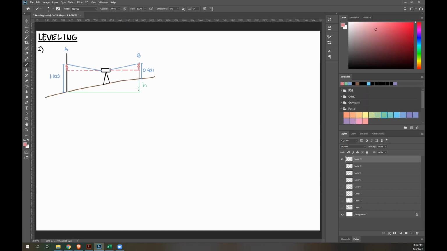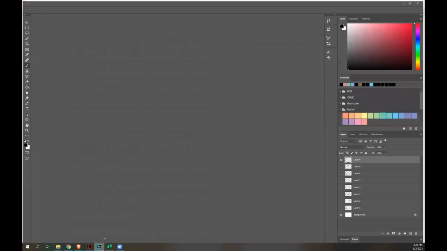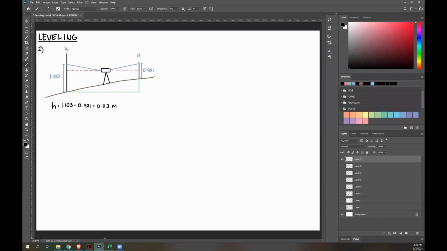So that means to get H, it's just the difference between the readings, and the answer is 0.112. Okay, pretty easy. So we like it when your instrument is at the center because you can directly solve for the difference in elevation. And that was the first question.